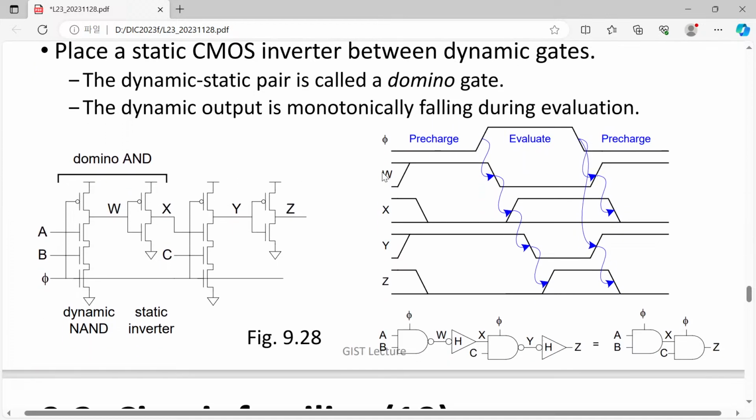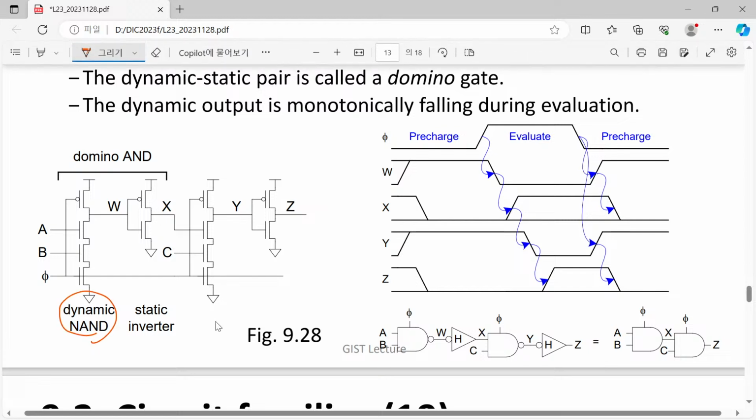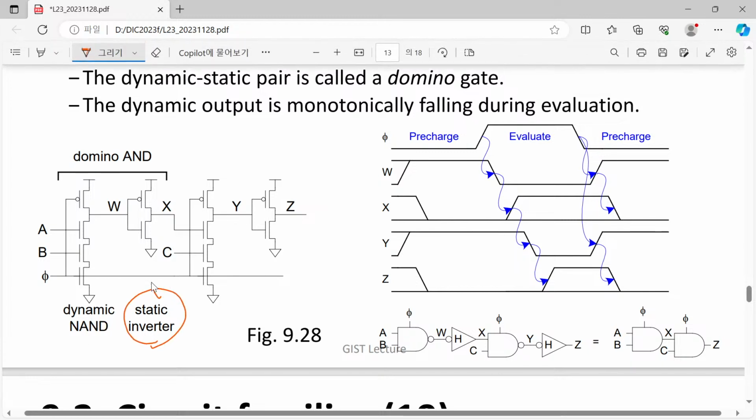Serially connecting a dynamic circuit to a dynamic circuit is not that suitable. So instead, just insert a static inverter here and a static inverter here. So the configuration is a dynamic logic gate and a static one, and a dynamic logic gate and a static one.